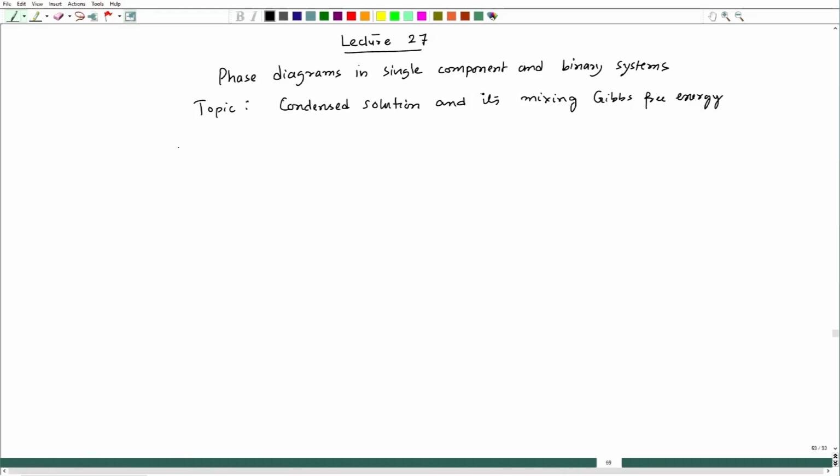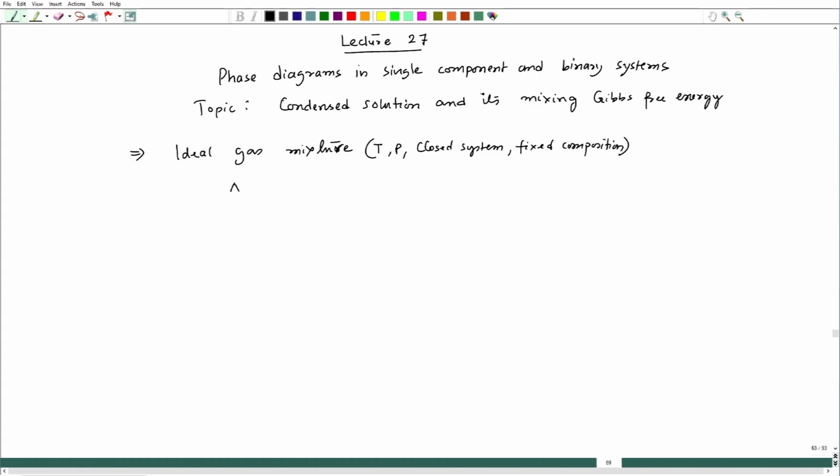Now, in fact, what we have seen in case of an ideal gas mixture, at a particular temperature and pressure. Of course, here we are considering a closed system and fixed composition. Also, we take that particular option because it is an ideal gas mixture, there will be no reaction or interaction.